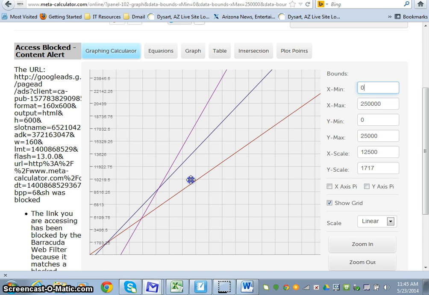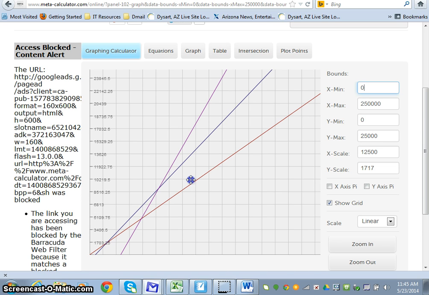And for a y maximum, put in 25,000. Now, you're also going to see a button that says X SCL, right below where it says X max. I'd like you to put in 15,000 for that, please. And for the Y SCL, or Y scale, I would like you to put in 2,500.